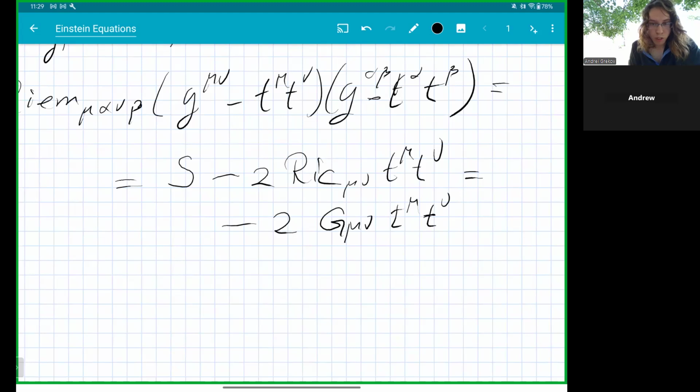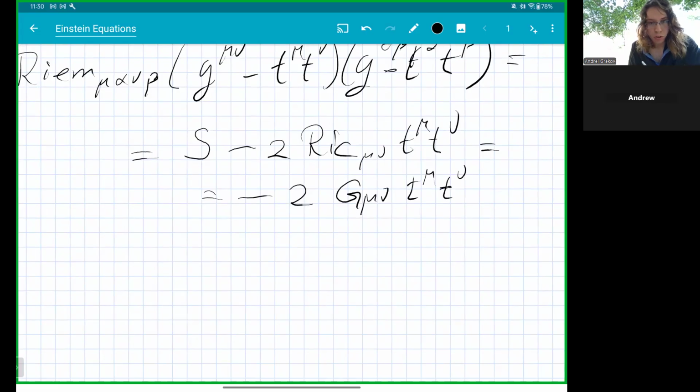Therefore, G mu nu, after this constant minus 1/2, precisely plays the role of a tensor which has information about scalar curvatures of any three-dimensional slice of our manifold orthogonal to vector T mu. Again, G mu nu is symmetric, so the information about it is uniquely encoded in the corresponding quadratic form. And that's what we're doing here.